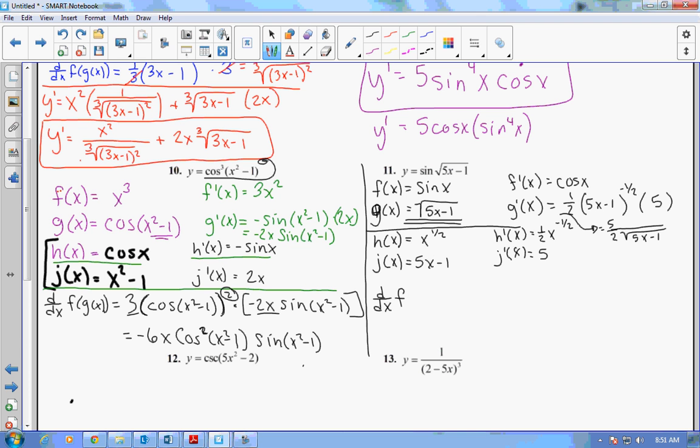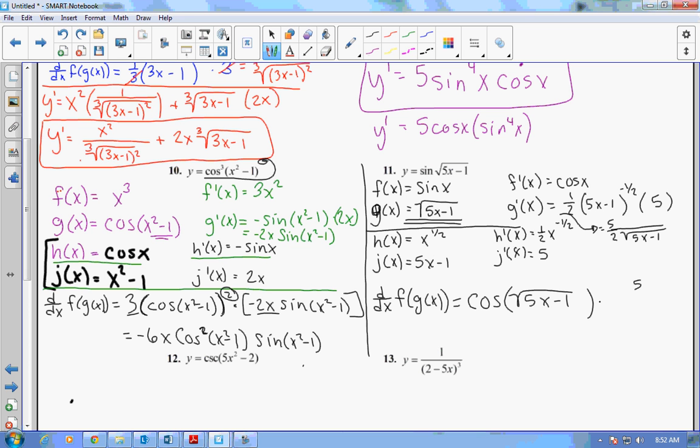derivative of f of g of x, chain rule again now that you have all of the top filled out. F prime cosine, and then where x was, we put parentheses because we're going to be plugging in. What plugs into f prime? The g, which is square root of 5x minus 1, times, not g of x, g prime of x.